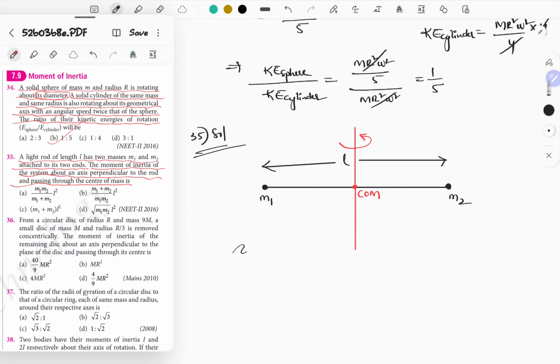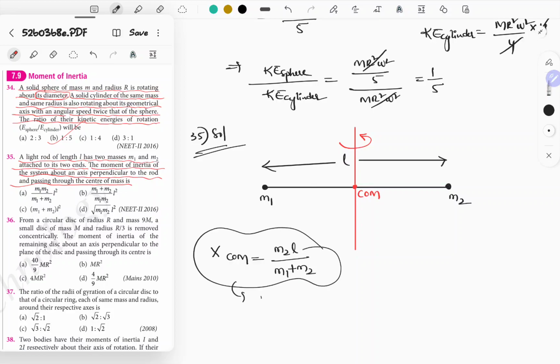M1 is the reference I am going to take. So X center of mass is M2 into the distance of separation, M2 into L divided by M1 plus M2. So this is the center of mass from M1.